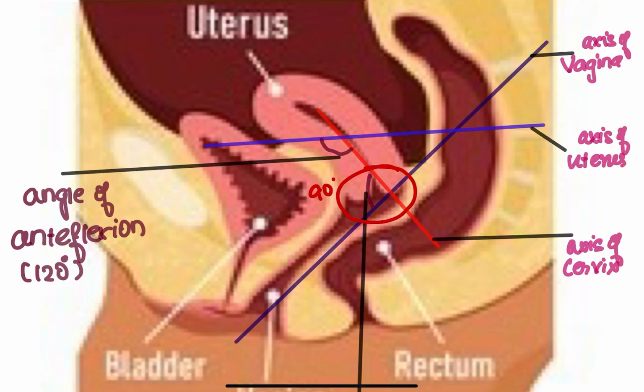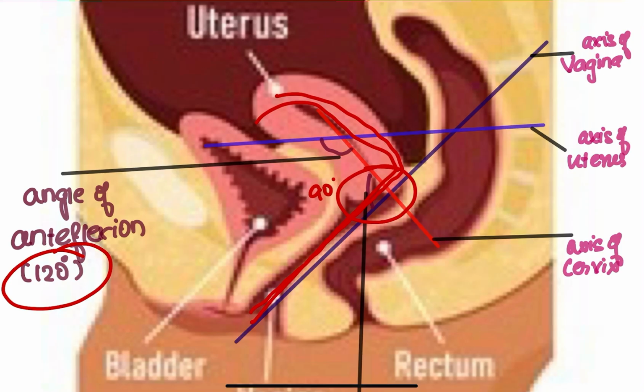This is the axis of the cervix, and the axis of the uterus is the long line passing here. The angle between them is the angle of anteflexion, and it is 120 degrees. So here the uterus is anteverted and anteflexed. Is that clear?